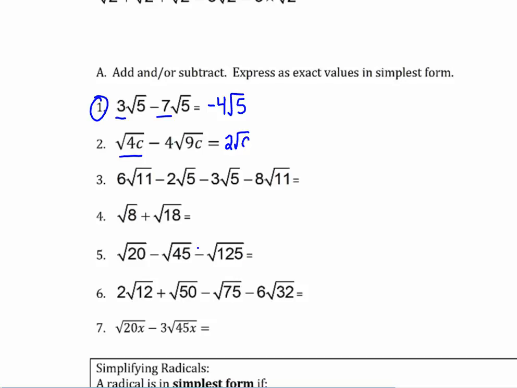So we can write that as 2 root c minus, what can we simplify in the second one? 4 times 9, the square root of 9, times root c, which gives you 2 root c minus, how many root c's there? 12. We multiply the two coefficients. And then our final answer, how many root c's? Negative 10 root c's. Careful of the sign.